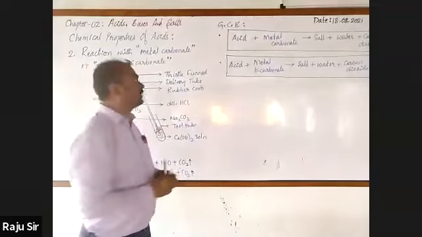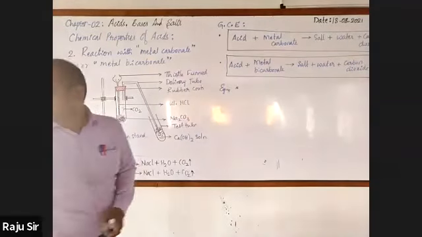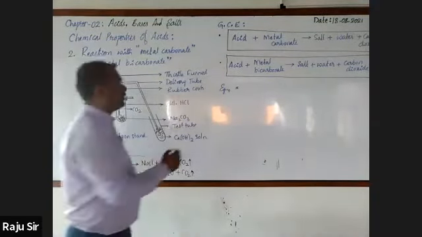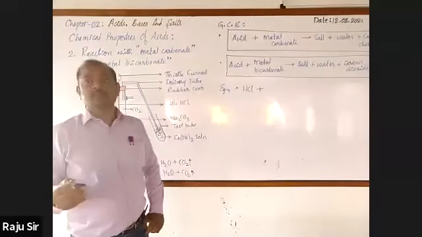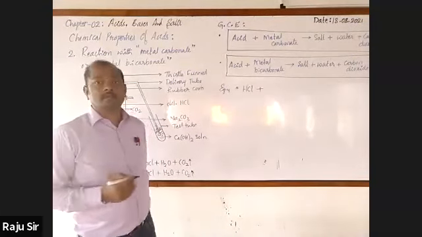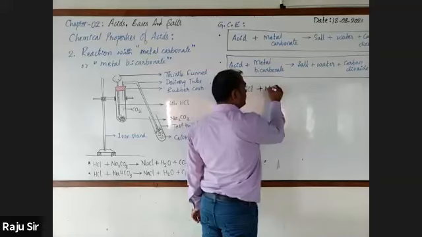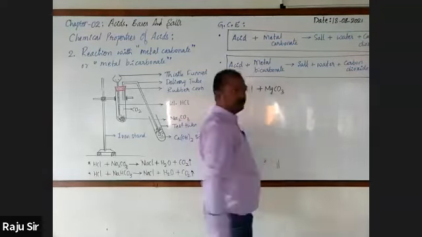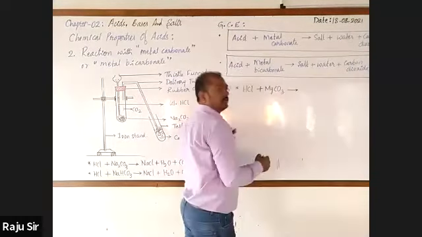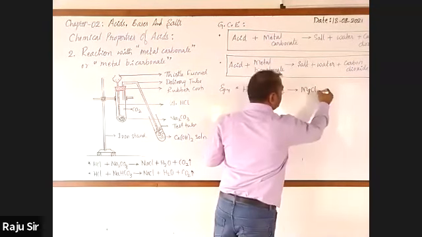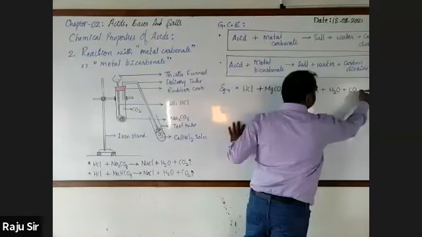Alright. Now let us take a few examples. Hydrochloric acid, HCl, when it reacts with the salt called magnesium carbonate, MgCO3, right, gives rise to magnesium chloride, MgCl2, plus water plus carbon dioxide.